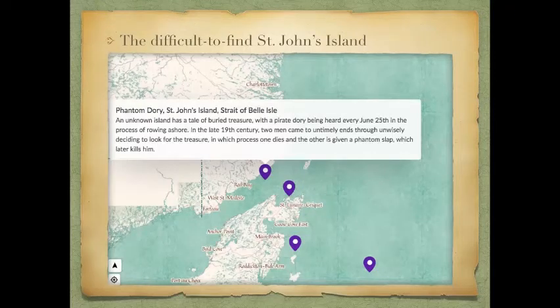They went to dig it up, and in the process, one of them died, and the other one was given a phantom slap, just slapped by a ghost, and later on died. It's said that slap was the thing that killed him. So apparently it's very dangerous to go looking for buried treasure around here, which is, I suppose, why it's so difficult to find.